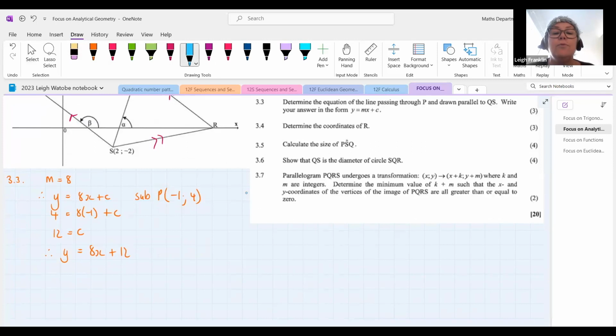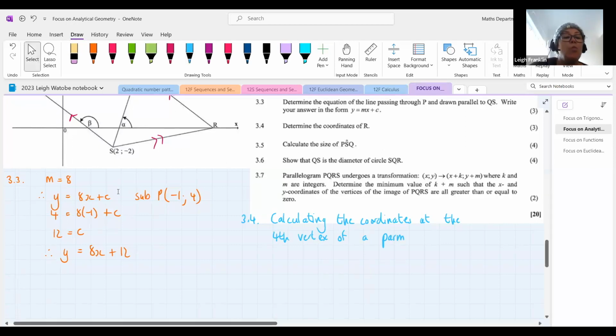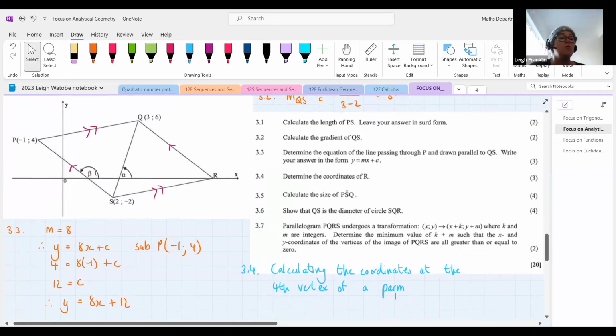Okay, so question 3.4, we are calculating the coordinates at the 4th vertex of a parallelogram. And we've got the other 3 coordinates. So we've got the coordinates at P, Q, and S, and they just want the coordinates at R, okay?